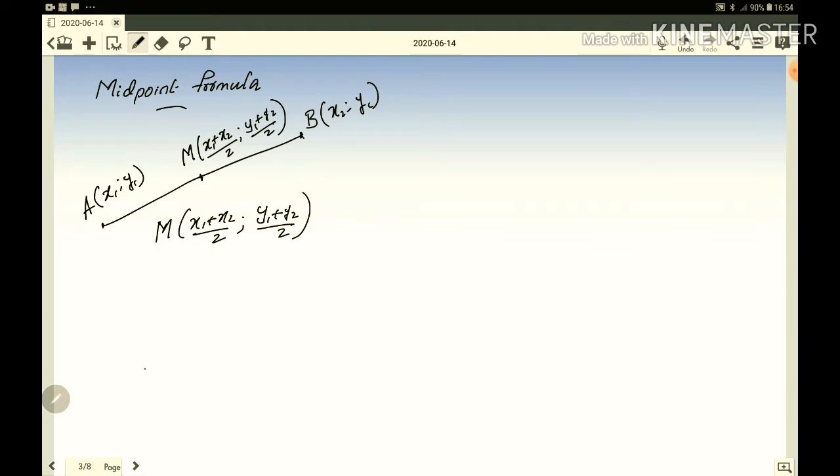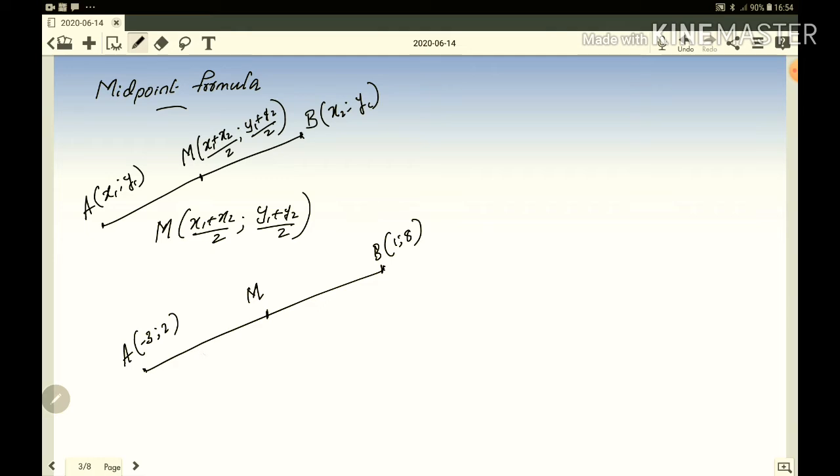I'm going to use the very same example. You have to find the midpoint of this line. A has coordinates -3, 2, and B has coordinates 1, 8. You have to find the x value and y value of the midpoint.